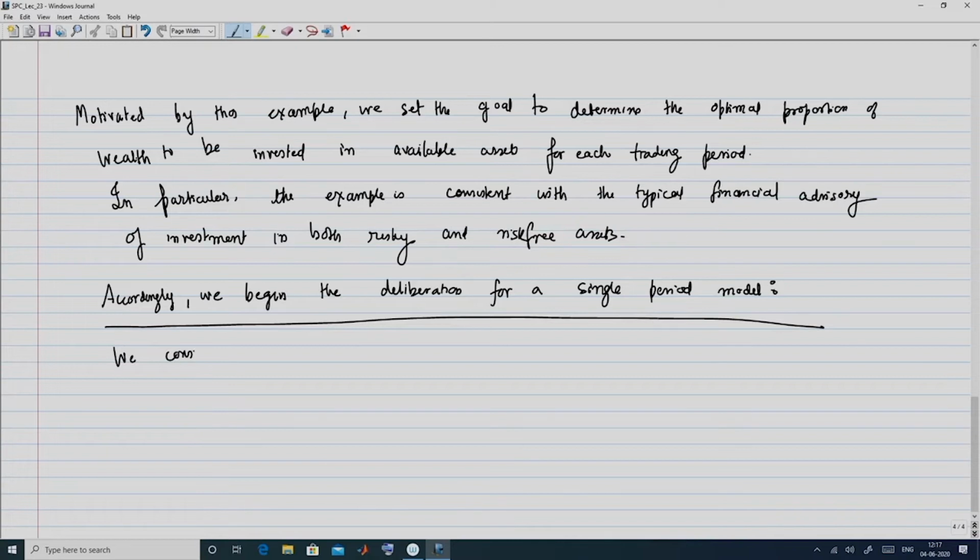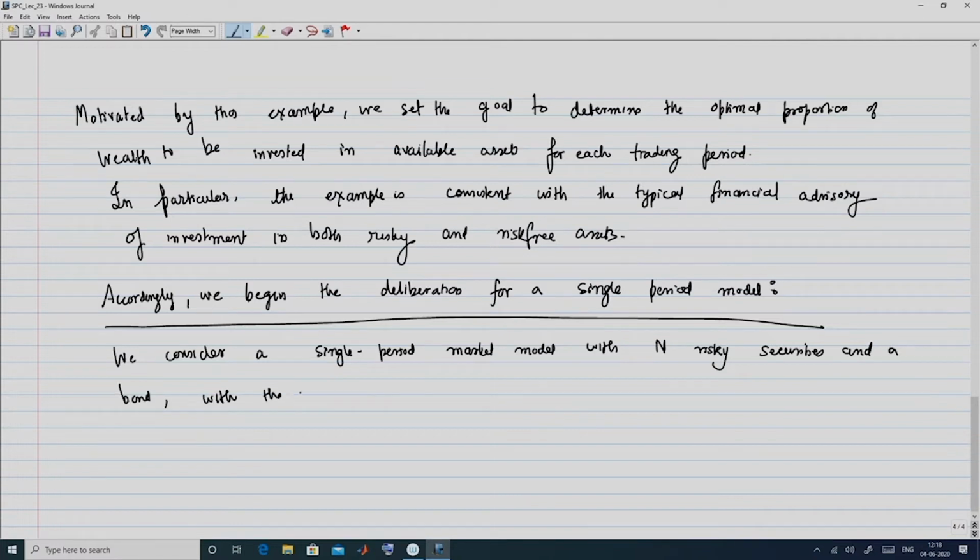Okay, so we begin with the setup for this and consider a single period model for the market with n risky securities and a bond, with the prices being S1, S2 all the way to Sn for the risky securities and B for the bond respectively.